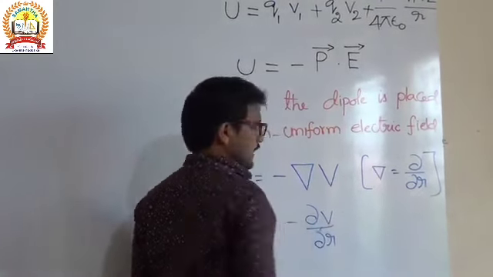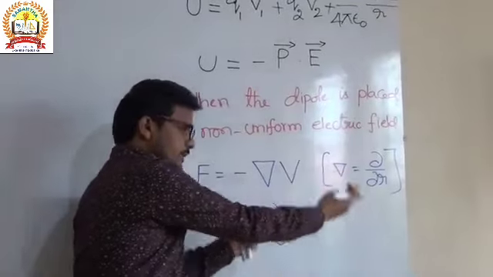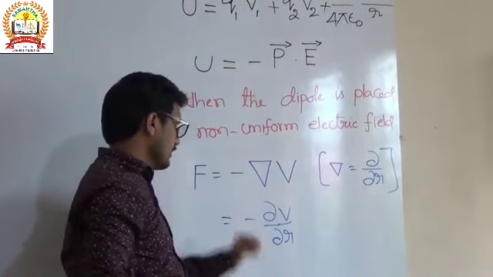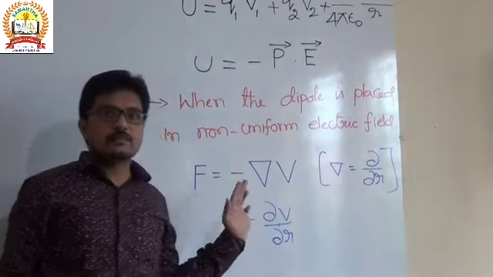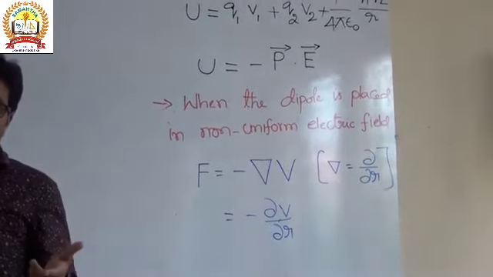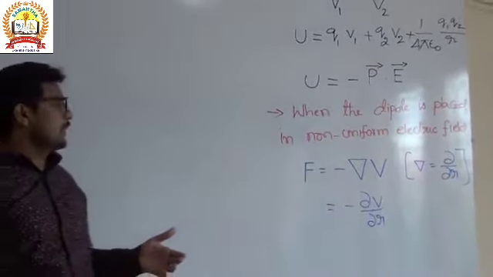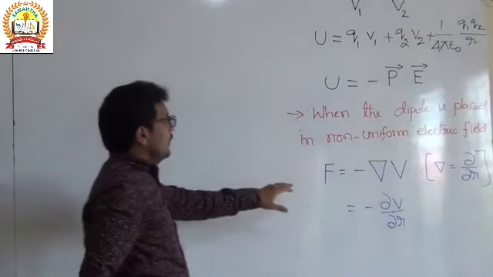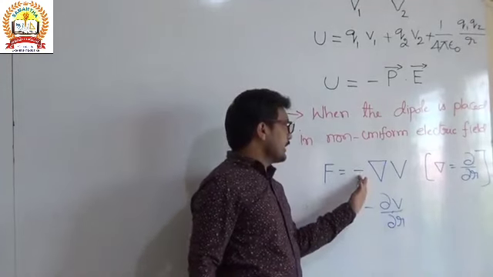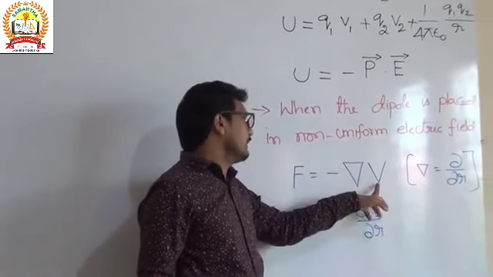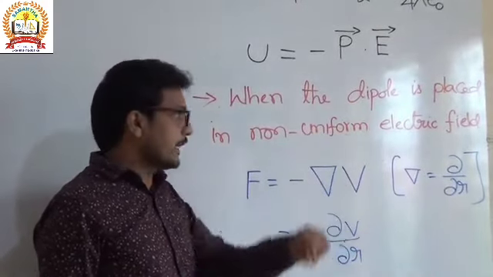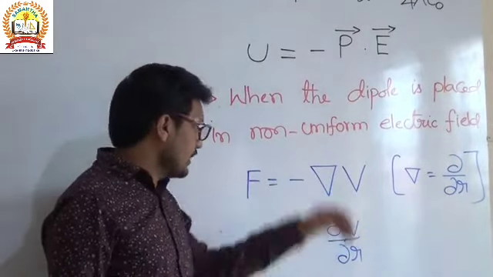If you take the axes along x, y, z, we can represent it that way, but here we are taking r as the position vector. Then the force experienced by the dipole when it is placed in a non-uniform electric field is the negative gradient of the potential.